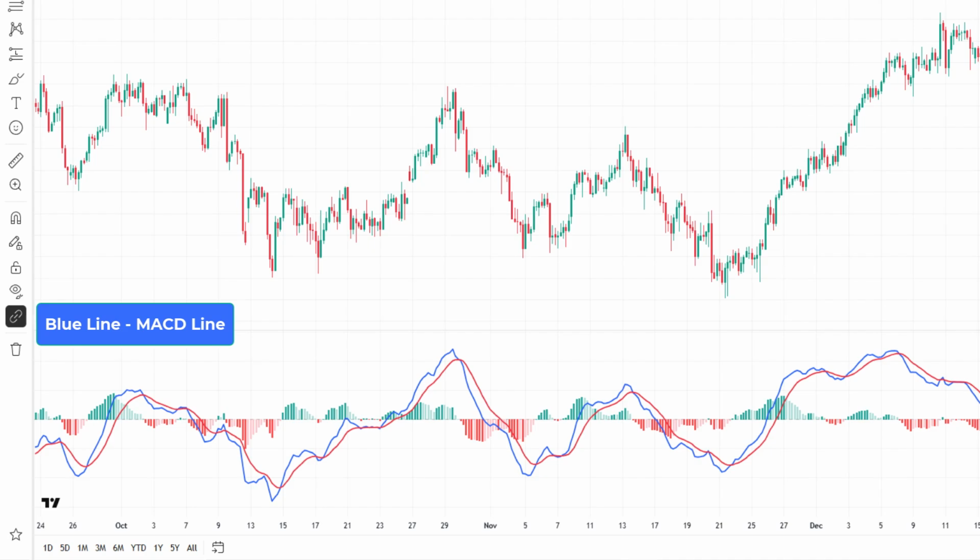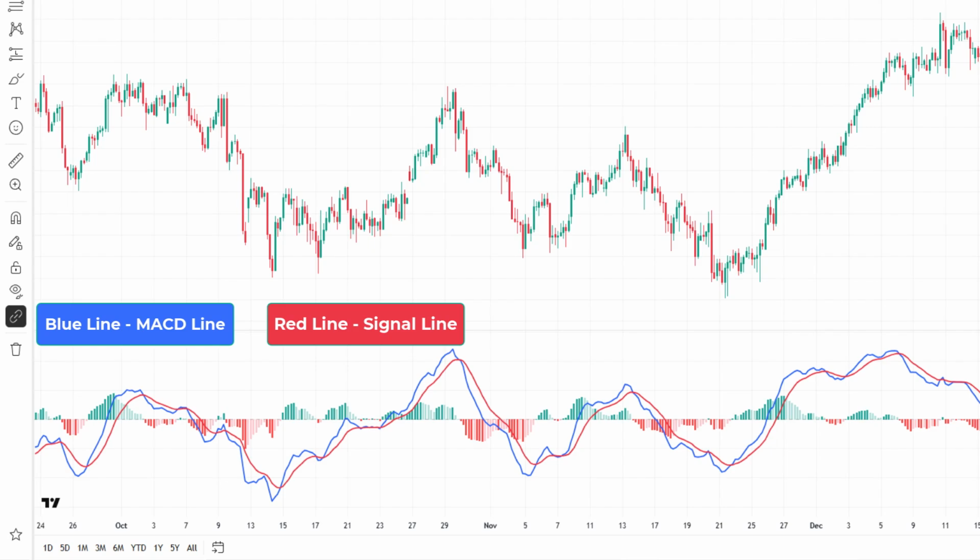When momentum is increasing, this line moves higher at a faster rate, and when momentum is weakening, this line is the first one to move lower. The second line is the red line on this chart, and that is the signal line. This is a moving average of the MACD line itself.